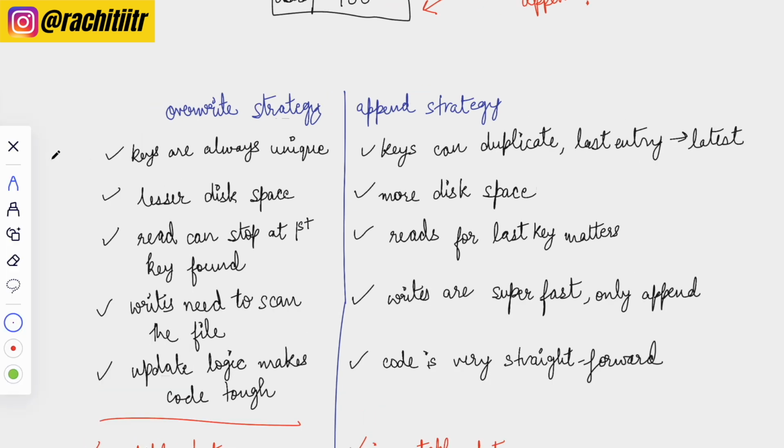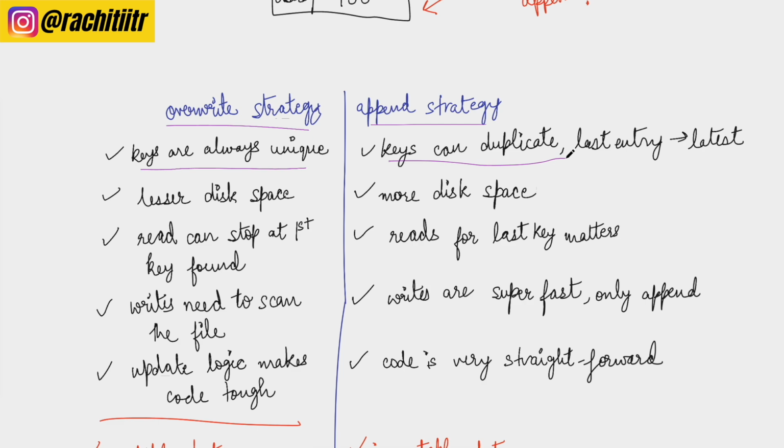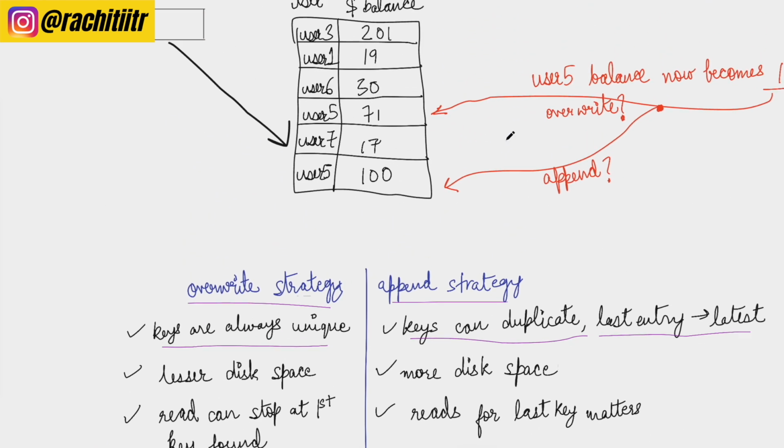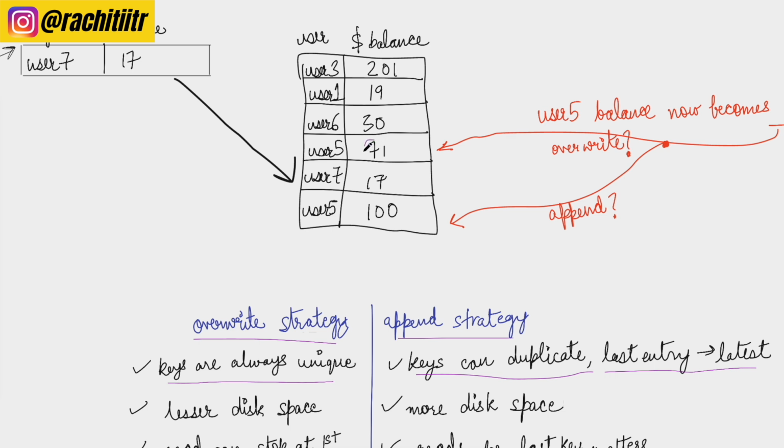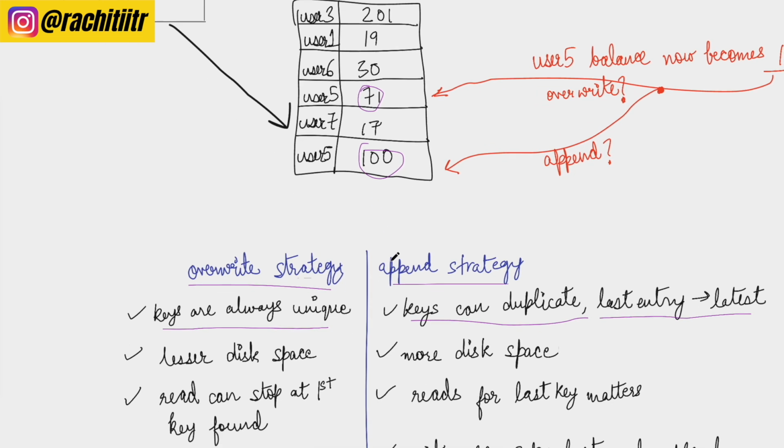Now, if you talk about the override strategy, what are some things that you can think about? Well, you can say that keys will always be unique. However, in case of the append strategy, we can say that keys can duplicate and the last entry will always give us the latest information, correct? Over here for user 5, 71 is the old information and 100 is the latest information.